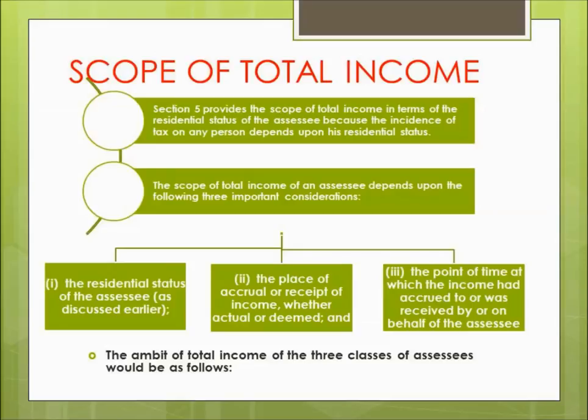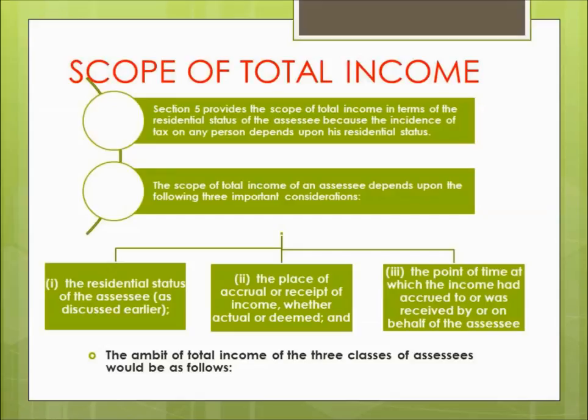We have already discussed above that the most important thing which determines the scope of total income, and which determines whether the particular income earned by an assessee will be included in the total taxable income or not, is the residential status of the assessee.